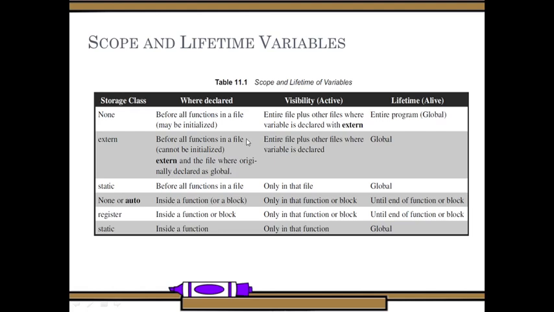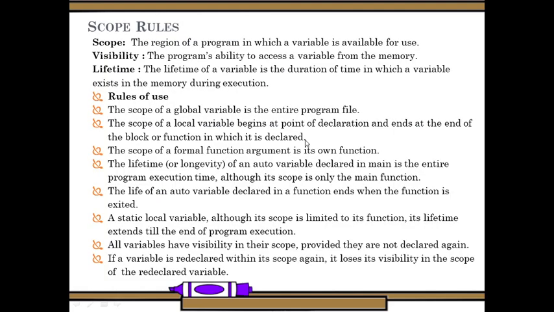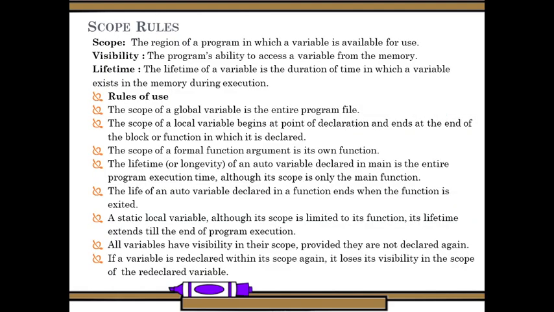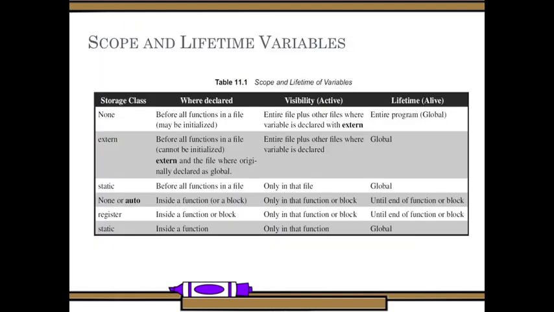Before all the functions in the file, it is declared before the main function, and it is visible in the entire file plus other files where the variable is declared. That is the visibility, in the sense of scope. Its lifetime lasts as long as the program is alive. That is global: the entire program.